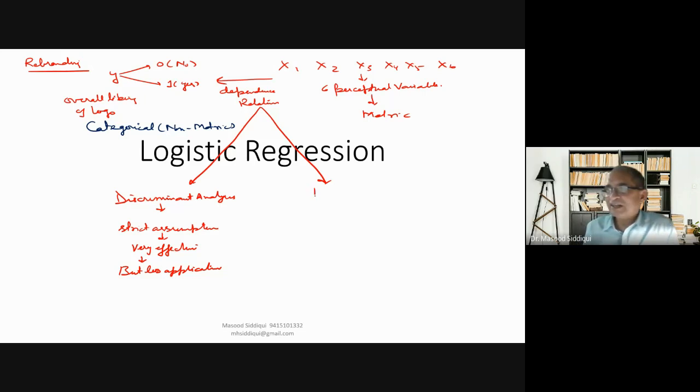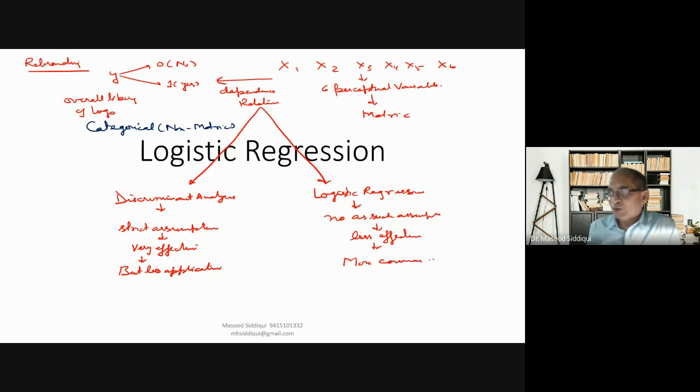On the other side, we have logistic regression, which has no such assumptions. So it is less effective, but has more common applications.